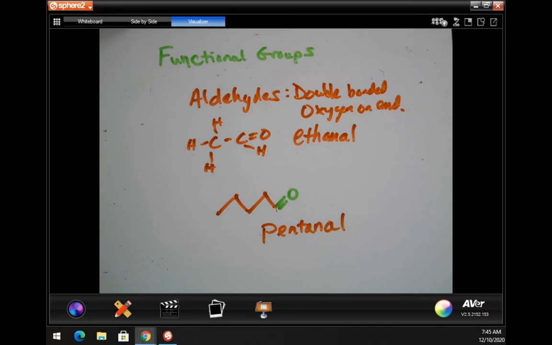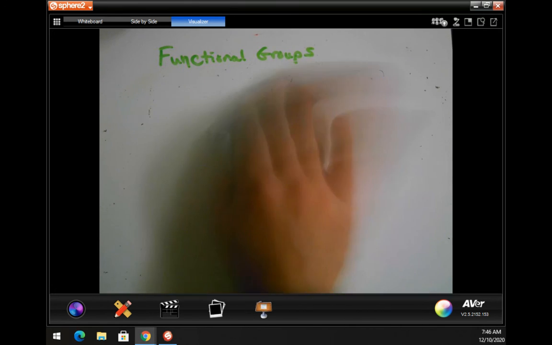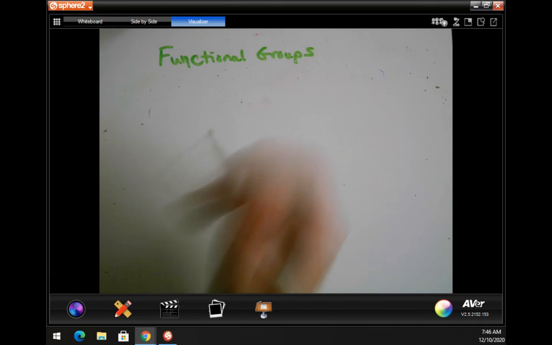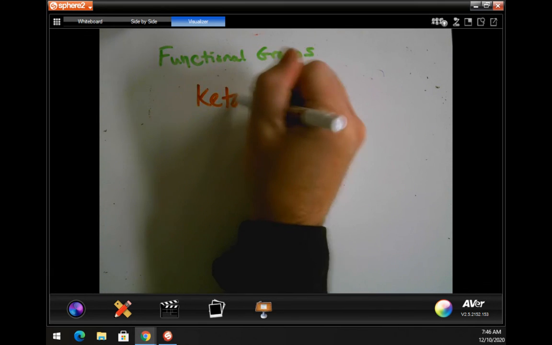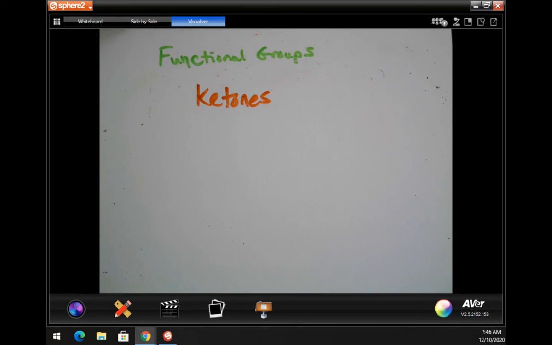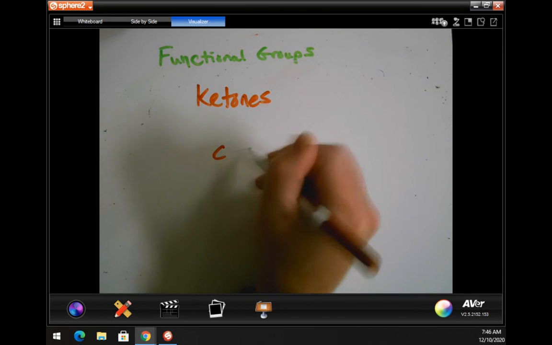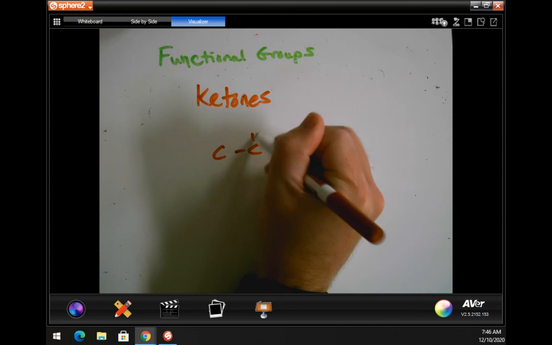Okay, so then the last one I want to talk about today, and I'll let you guys move on, are these things called ketones. And ketones kind of get thrown around a lot because of people that go on Atkins diet or only eat meat. Basically it's like an aldehyde, but the double bond is in the middle now. So it would be something like this.